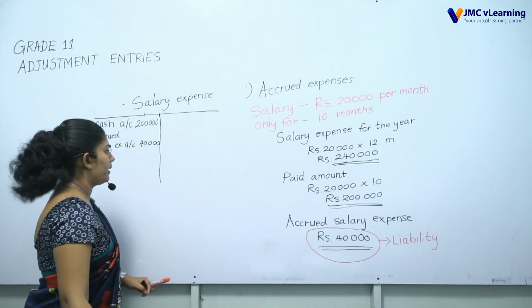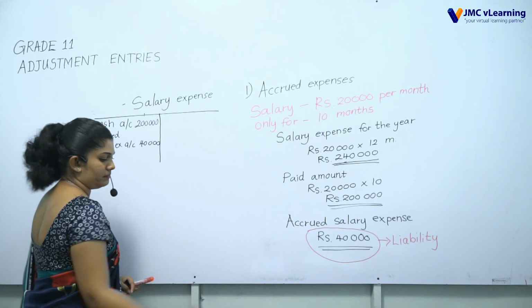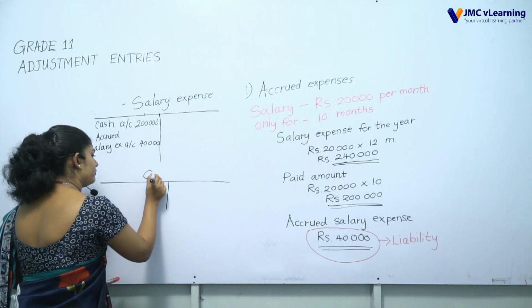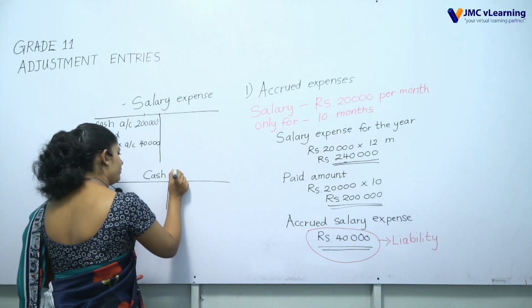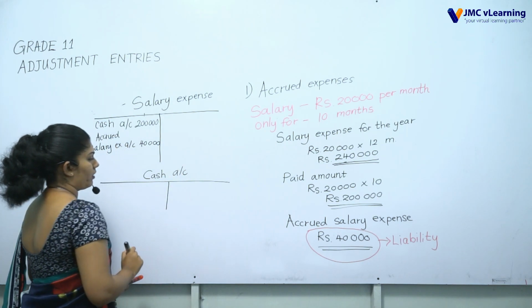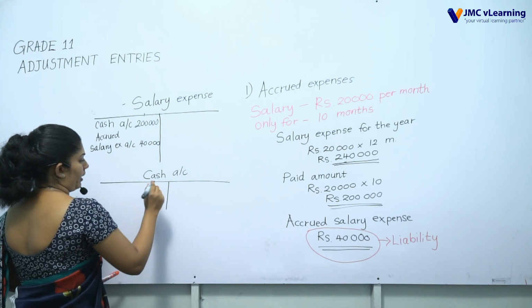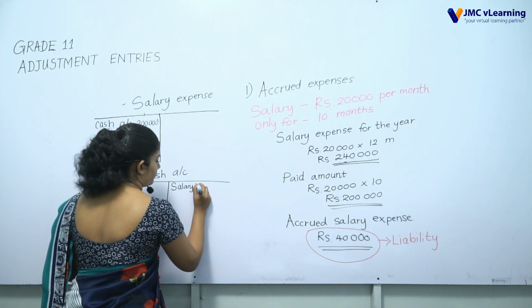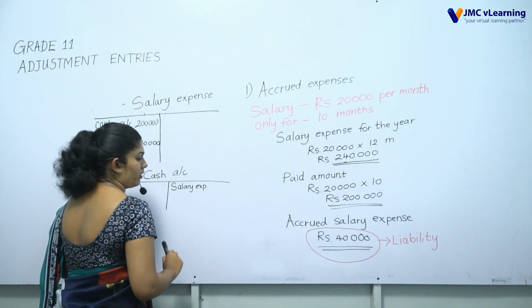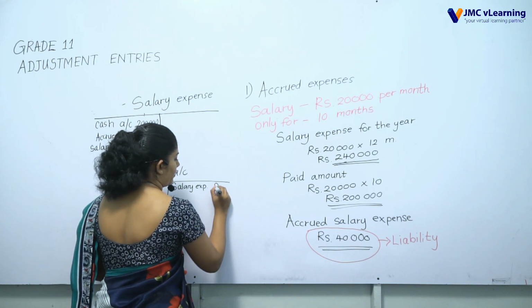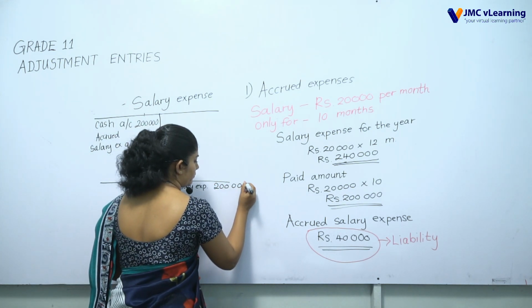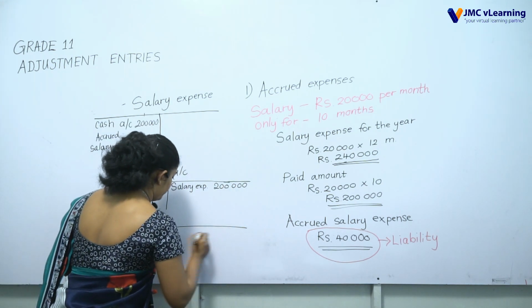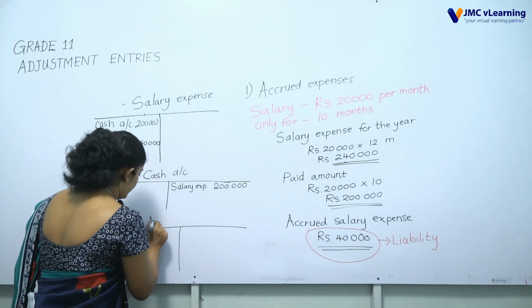And the next account, cash account. Cash account is credited salary expense as 200,000. And the third account, accrued salary expense account.